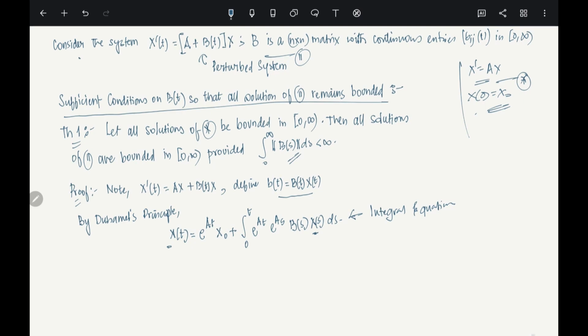Now what we need to do is this. What is this solution? This is any given solution of the perturbed system 2. Please understand, this is the general solution of the perturbed system 2. Let's call that x_g of t.